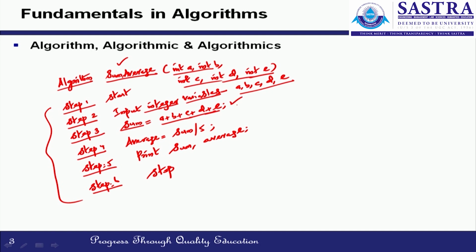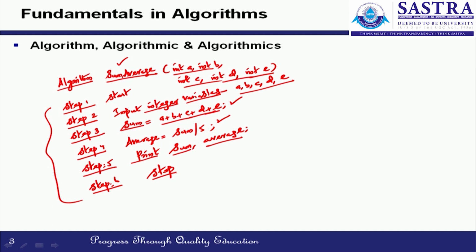Sum is equal to a plus b plus c plus d plus e. Step number 4, find the average. Average is equal to sum divided by the total number of inputs, 5 inputs. Then at the last step, we need to print the sum and average for the given inputs. Then step number 6, stop. We need to terminate the execution of the algorithm.